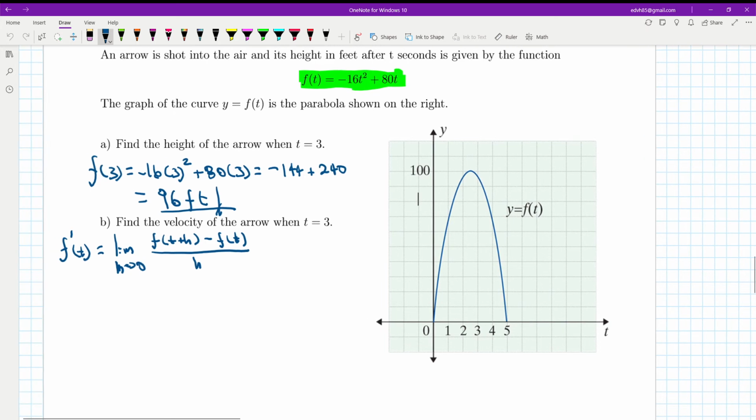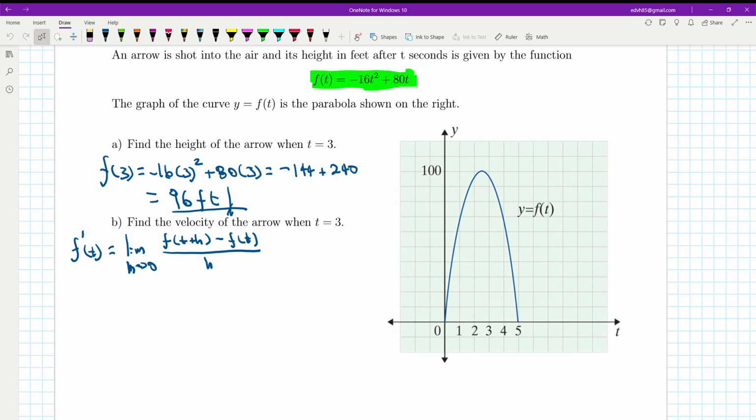All right, what are we going to do from here? From here, we will replace t plus h wherever there is the letter t, which is one here and another here, and then we are going to subtract the original function. All right, so how are we going to do that?